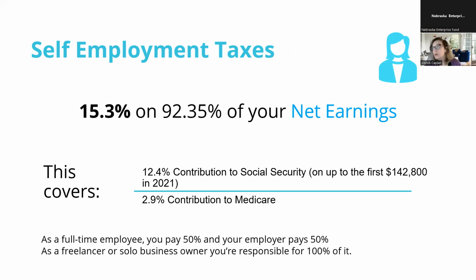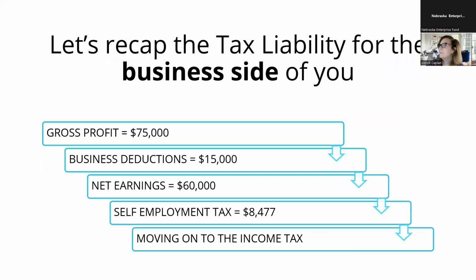And it's really important to contribute, obviously, to Medicare and Social Security. My 17-year-old doesn't understand why she had to pay that money, but for some of us, we do understand why we pay that.